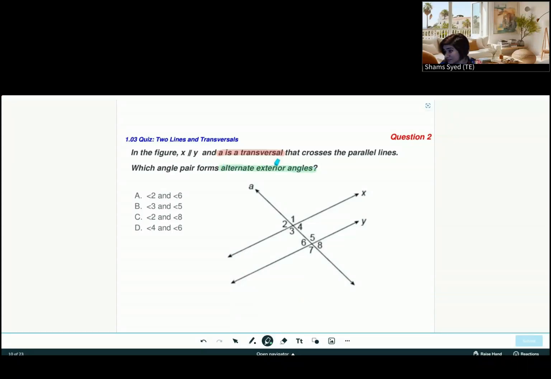Now, exterior means outside. When you're looking at outside angles, definitely do not think about angle 4. It's inside. Don't think about 3. Don't think about 6. And don't think about 5. Because your task is to find exterior angles. All remaining angles are exterior angles.